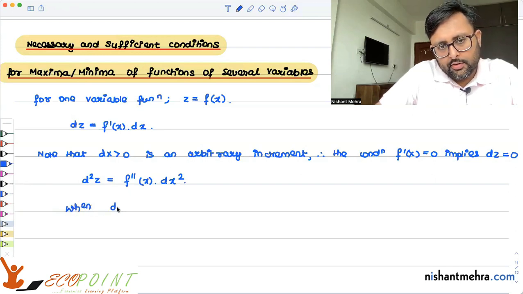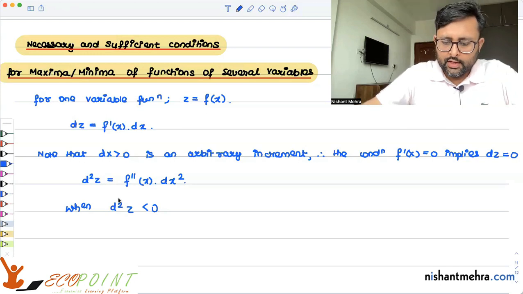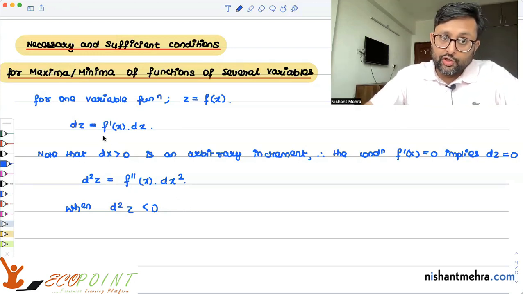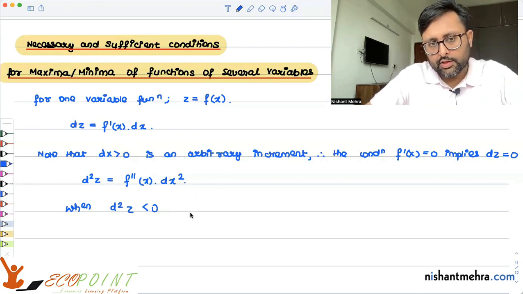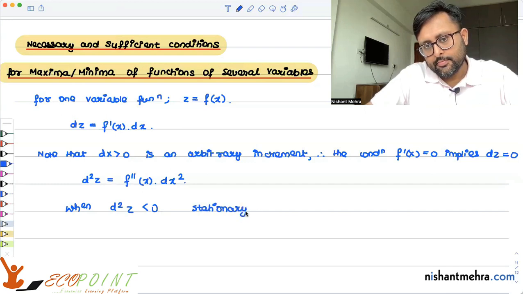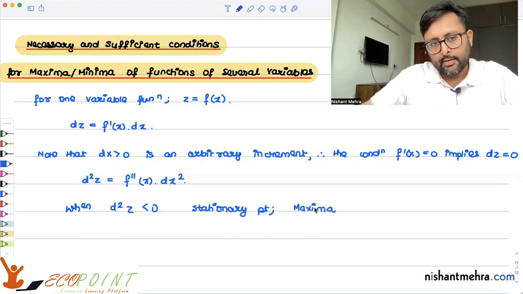When d2z is negative, that means when f double dash x is negative, then the stationary point which you are getting from the first order condition is the point of maximum, right?